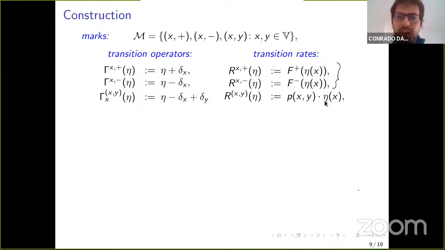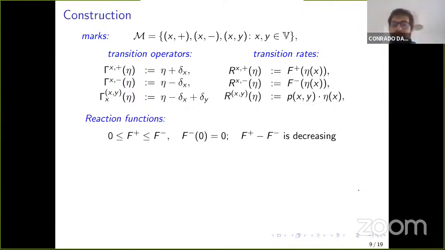The jump rate, you can read here: P(x,y) times eta(x). It's telling us that particles jump independently. If you have eta(x) particles, the rate is multiplied by the number of particles. And they follow this transition kernel P, which may allow for long jumps, but for concreteness' sake, we can think of this just as a finite range transition kernel.